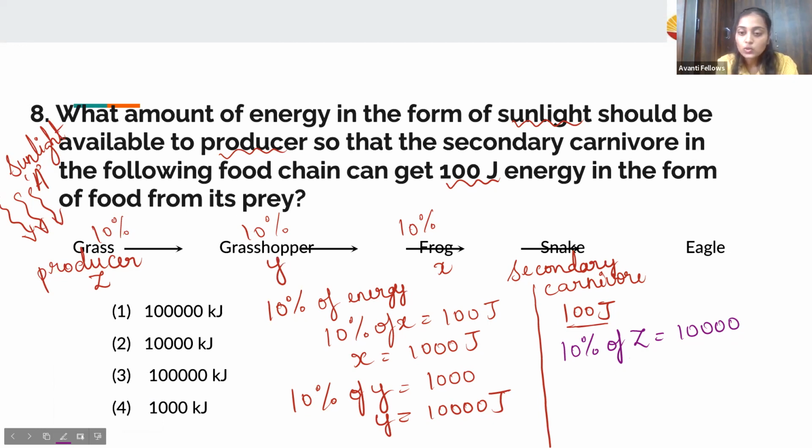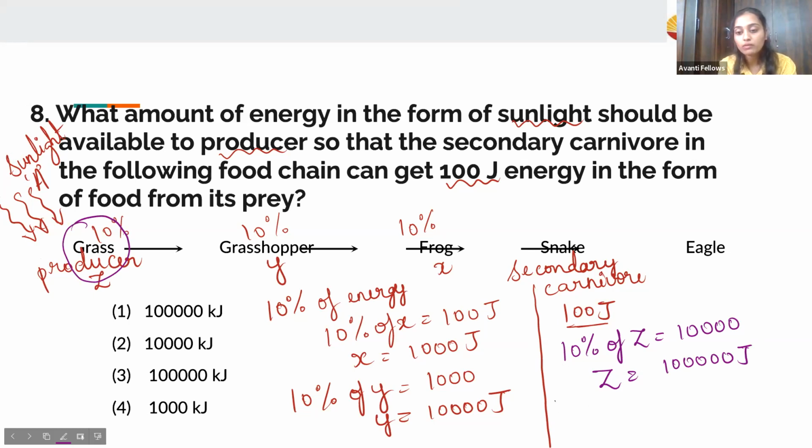Correct? So the energy of the grass will be 1 lakh joule. Correct? 1 lakh joule. So the energy of this grass will again be 10% of sunlight.